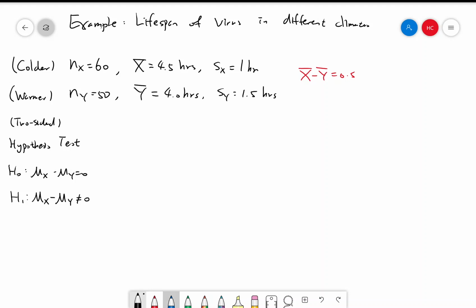So now we can draw our null distribution. The null distribution has mean 0 from the null hypothesis, and the variance is still this quantity. And if you plug into the calculator, we find that the standard deviation is 0.2483.